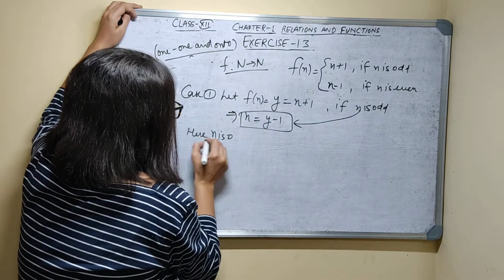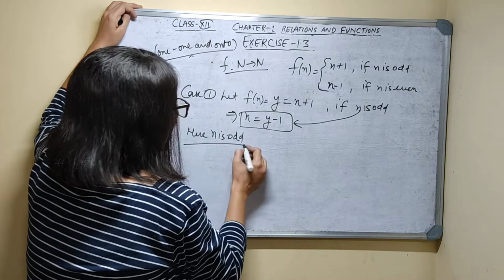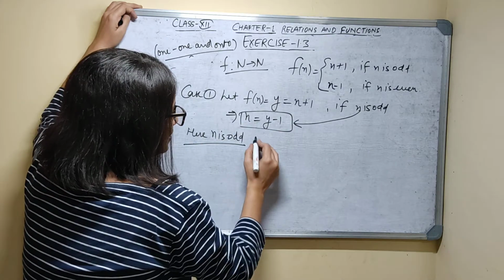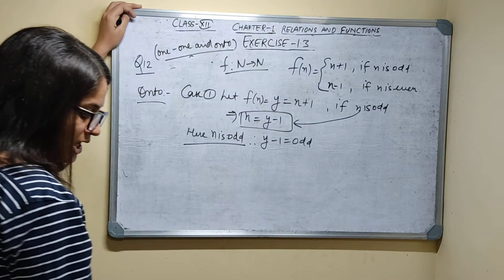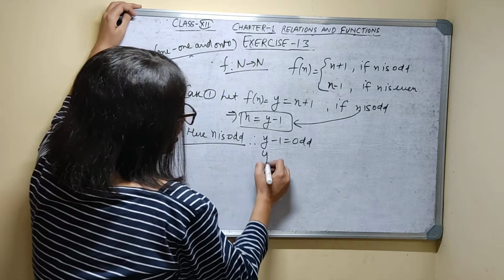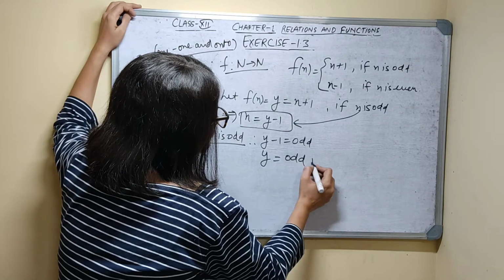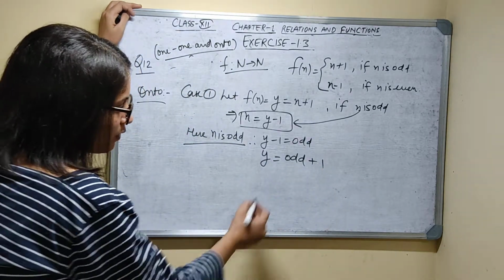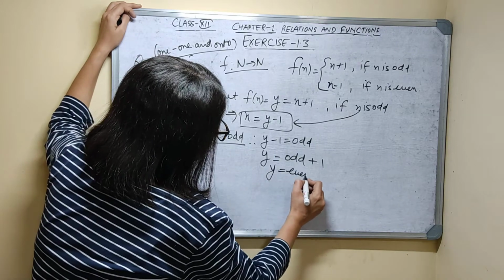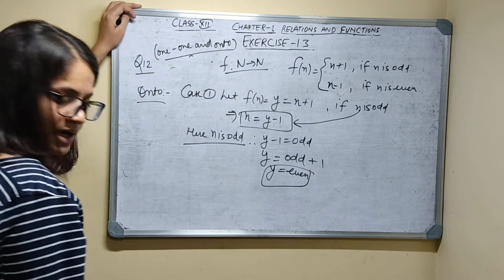Here n is odd. If n is odd, n is equal to y minus 1 means y minus 1 is odd. If y minus 1 is odd, it means y is odd plus 1. If to any odd number I add 1, I will get even. So y is even. Is it clear?